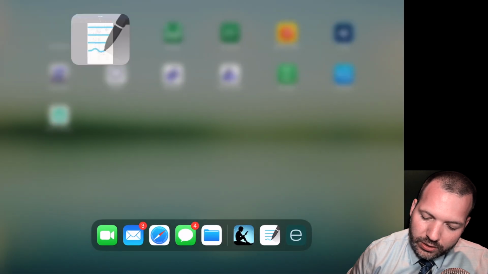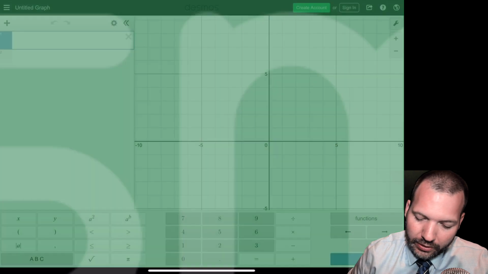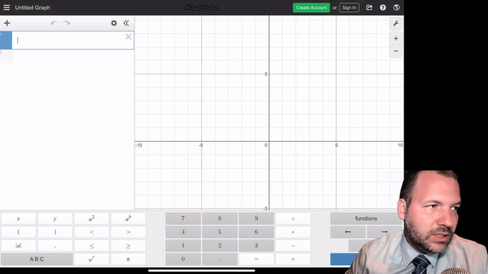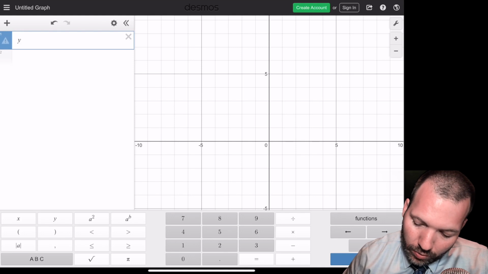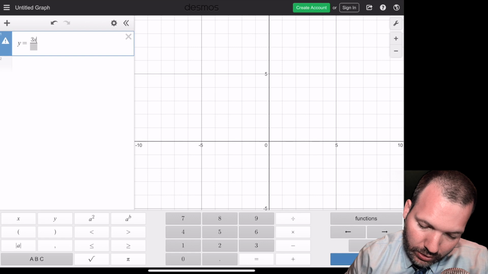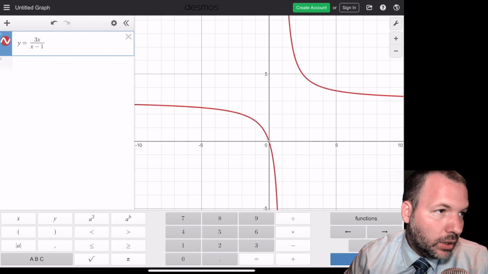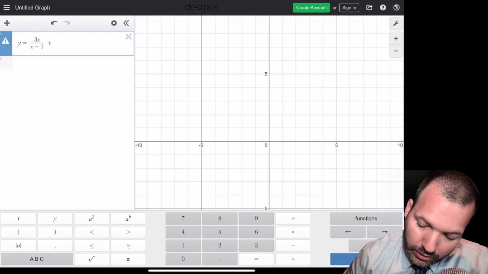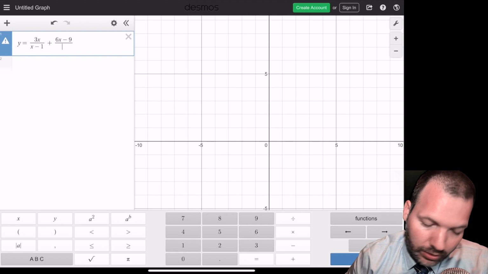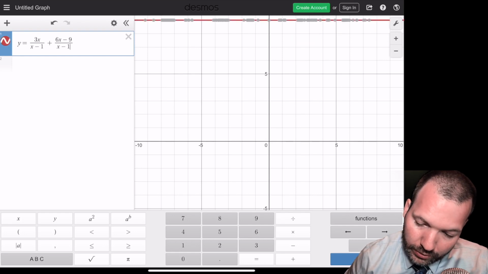It's worth saying here, there is another way to approach this. Let's say we drop into our graphing calculator, and we're just going to write in the whole left side of the equation. Y equals 3x over x minus 1 plus 6x minus 9 over x minus 1.